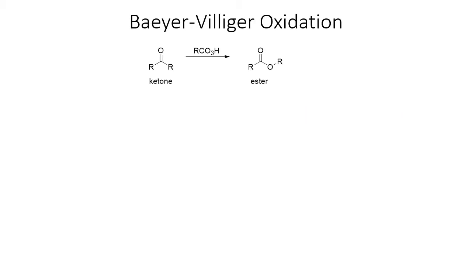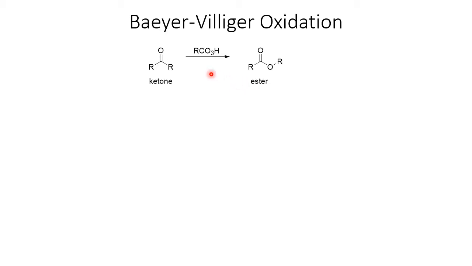The last reaction we're going to be talking about is the Baeyer-Villiger oxidation. In this reaction, we can start with an aldehyde or ketone. In this example, I'm going to start with a ketone. Now I'm going to treat the ketone with peroxy acid. We've seen this reagent before with the formation of epoxides. Ultimately, ketones will be turned into esters.